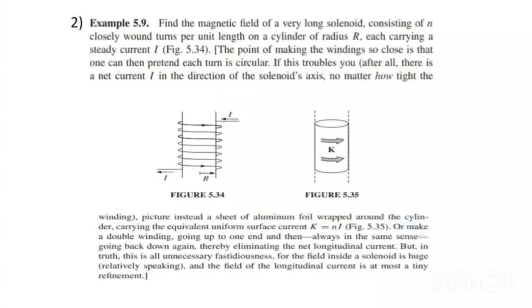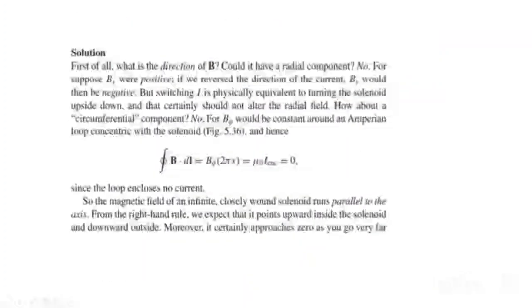Or make a double winding going up to one end and then always in the same sense going back down again, thereby eliminating the net longitudinal current. But in truth this is all unnecessary fastidiousness, for the field inside a solenoid is huge and the field of the longitudinal current is at most a tiny refinement.